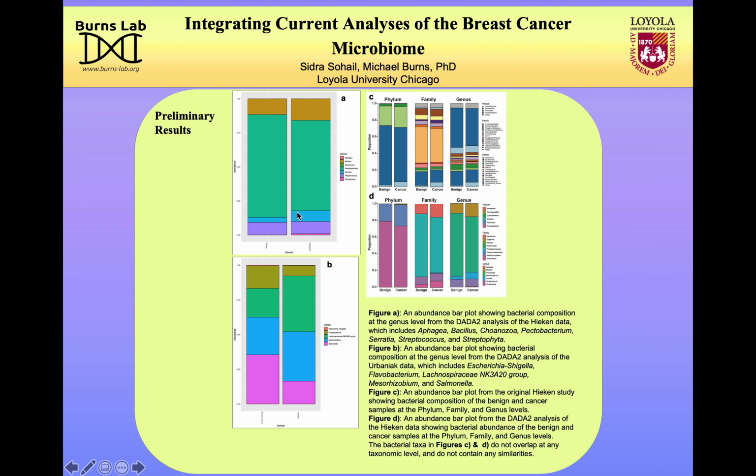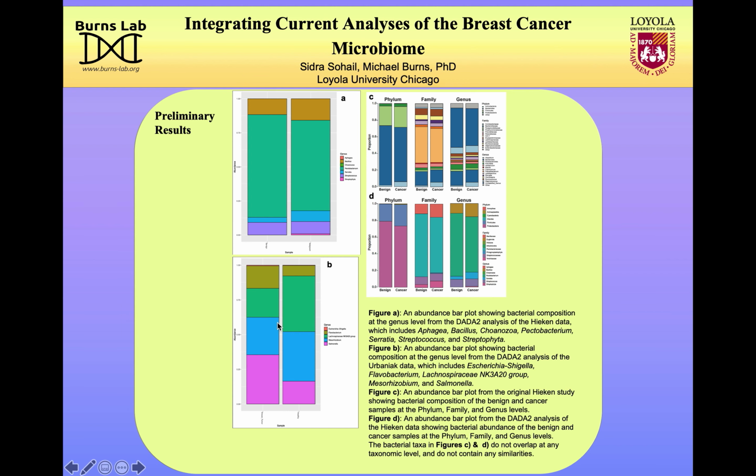So this is the bacterial composition of the data from DADA2 from the Heekin paper. And it shows the bacterial composition at the genus level.